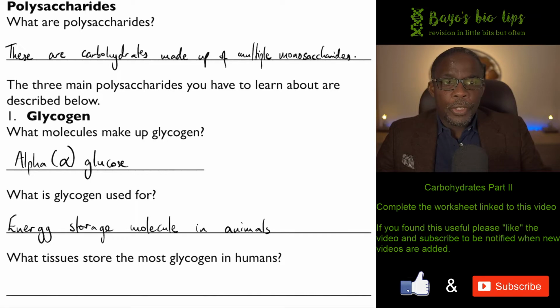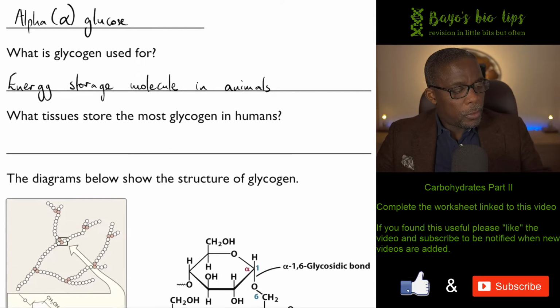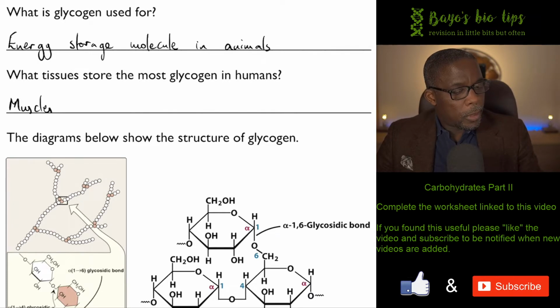It's an energy storage molecule in animals. So what tissues in humans, for instance, store the most glycogen? We would tend to have the most glycogen in muscles and the liver.